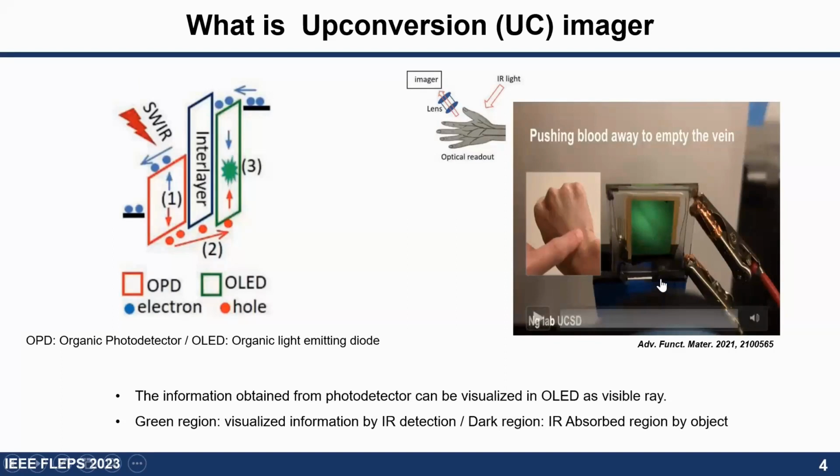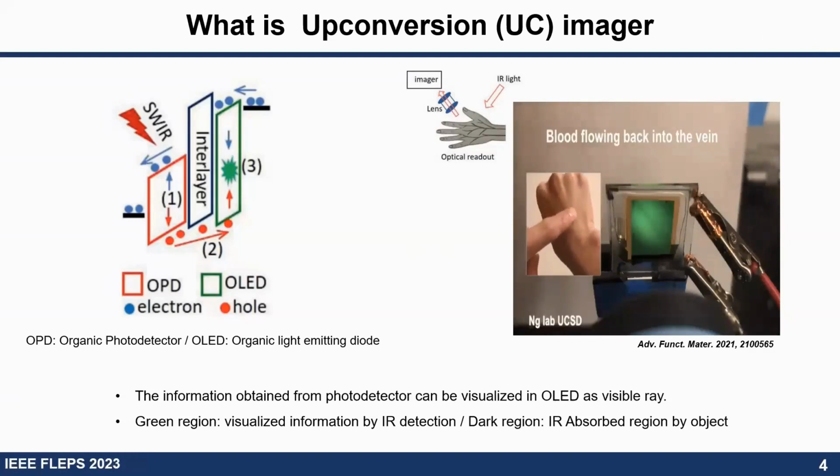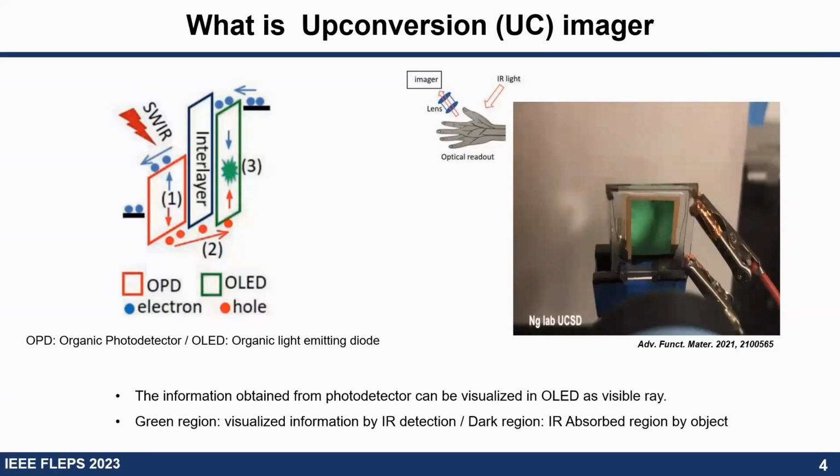This image shows the conversion image of the skin and vein on the hand. The green region represents the skin, and the dark region represents the vein of the hand. If the vein is squeezed by hand, there is no blood in the vein, so it turns into a bright green color.